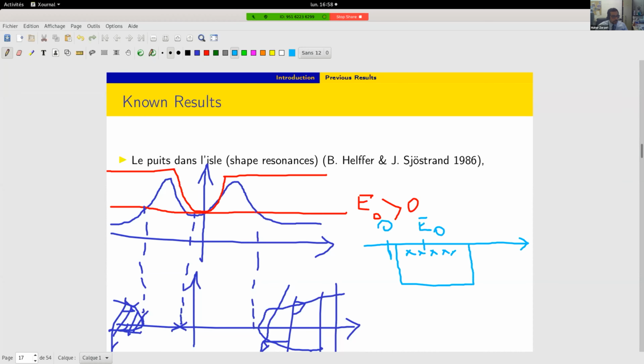And the width here, this is a very important thing, the imaginary part is exponentially small. So in some sense, it is a perturbation of the eigenvalues of the harmonic oscillator. The harmonic oscillator, their eigenvalues look like this.